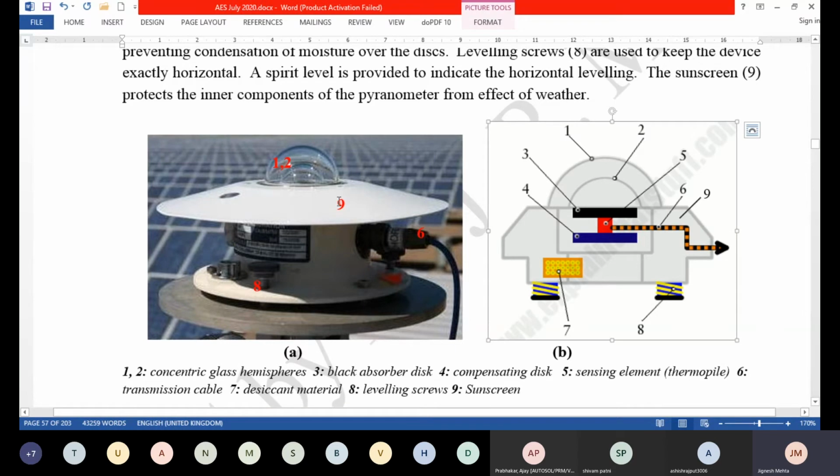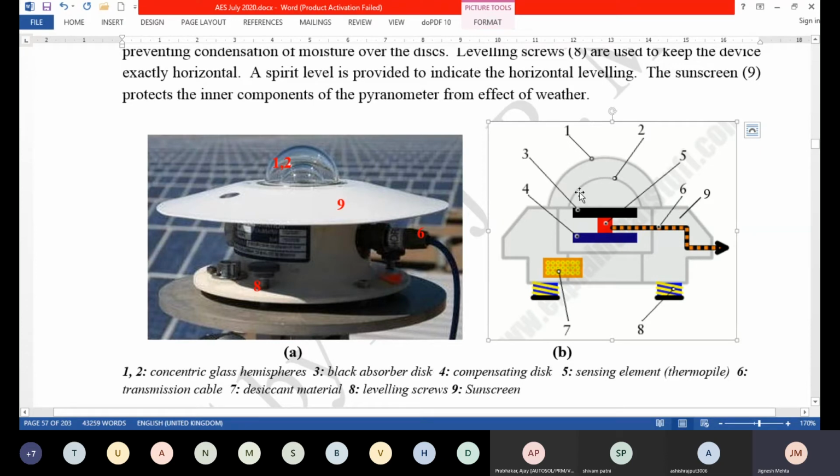Of course, you are not expected to draw the picture of a pyranometer. This is for better understanding and getting the real picture, so that in case you come across this device, you can identify it. So 1 and 2 are the glass hemispheres, and 3 is the black absorber disc.